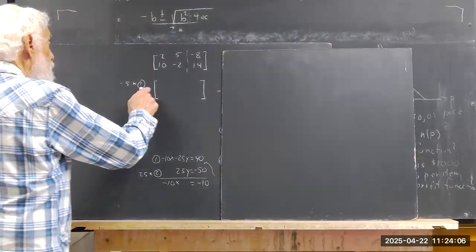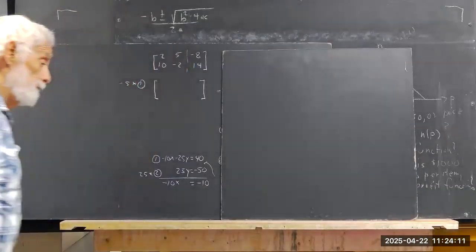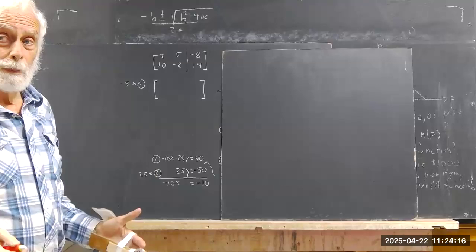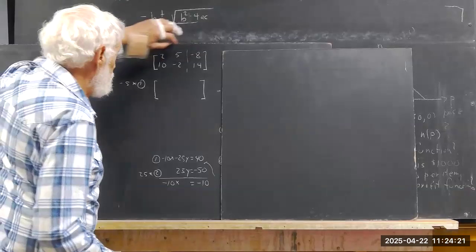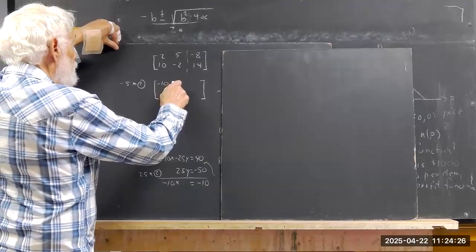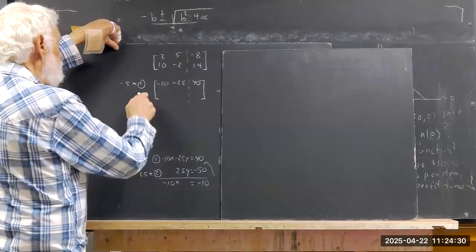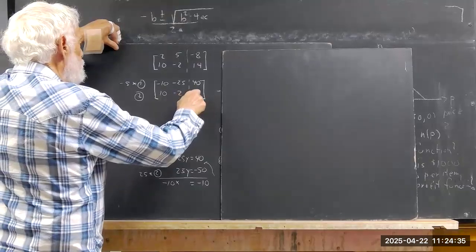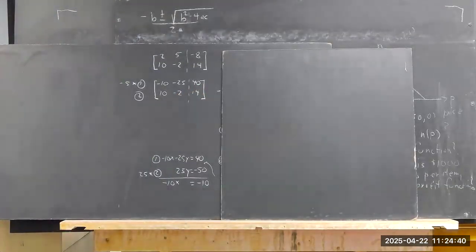Okay, so I need -5 times equation 1. Now, since I don't have the x's and the y's and the equal sign, I don't have to worry about the distributive law anymore. I automatically get the right numbers. If I just multiply every number by -5, that gives me -10, -25. Then I write down equation 2, which is 10, -2, 14. Okay. Makes sense?